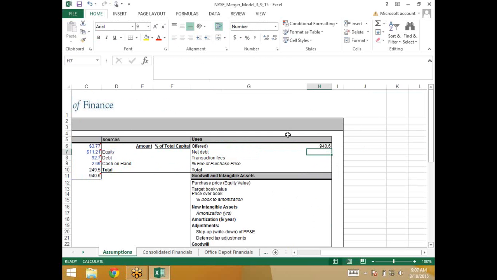So the question and the difficulty comes in is, what's going on with the net debt? This is always a little bit of a mystery, but there are some things we can infer. What is the nature of the situation? How can we determine what the nature of the net debt is?